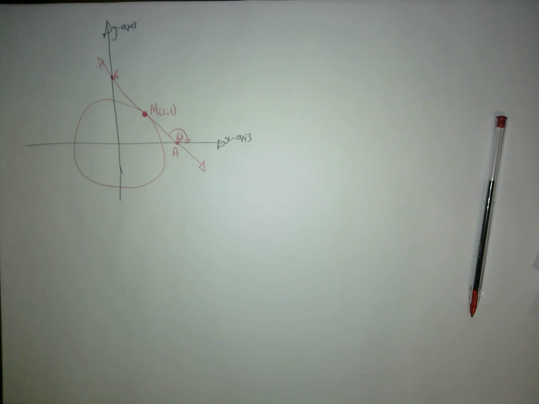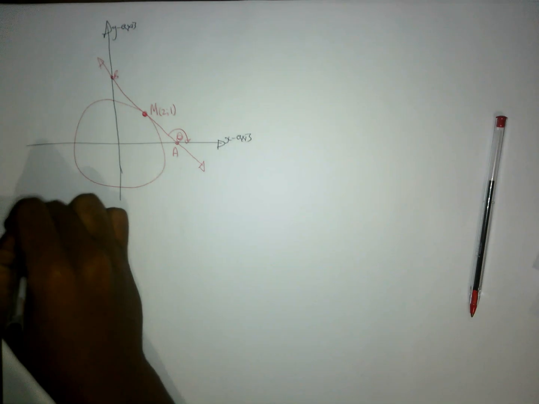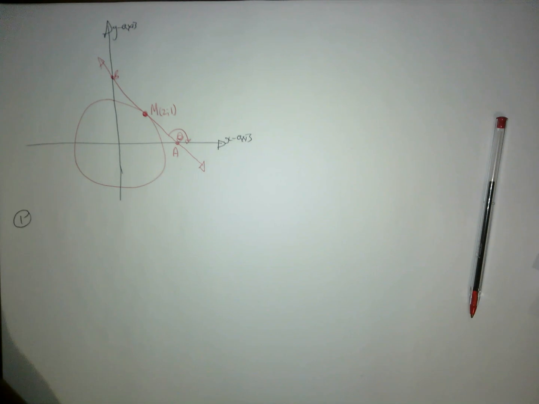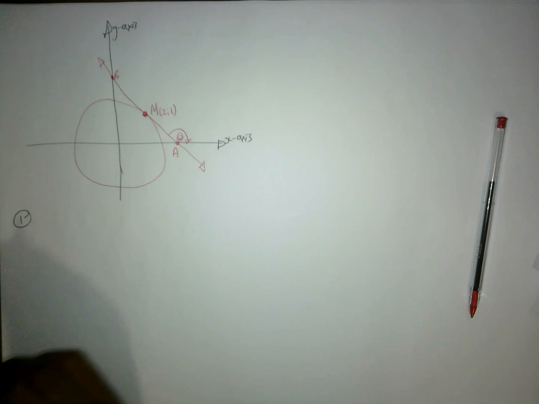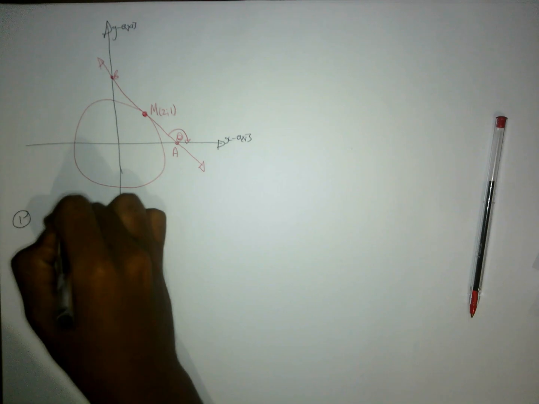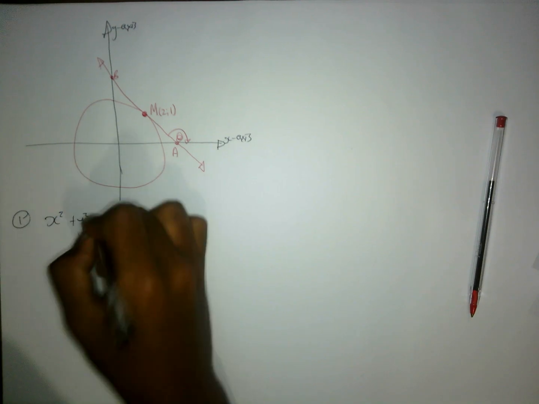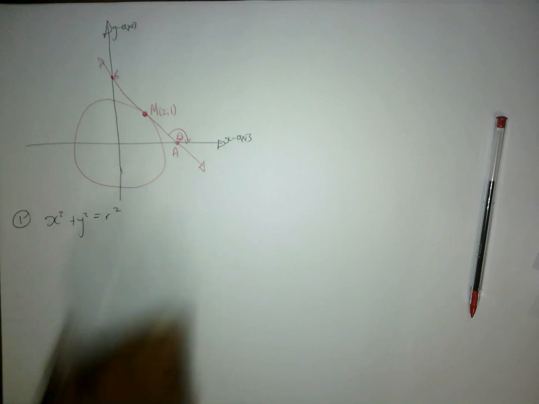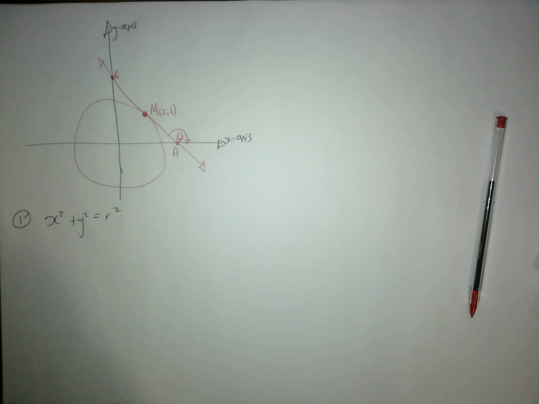Okay, so question one is saying determine the equation of the circle. The equation of a circle is written like this: x squared plus y squared equals r squared. Has anyone done any work on circles?